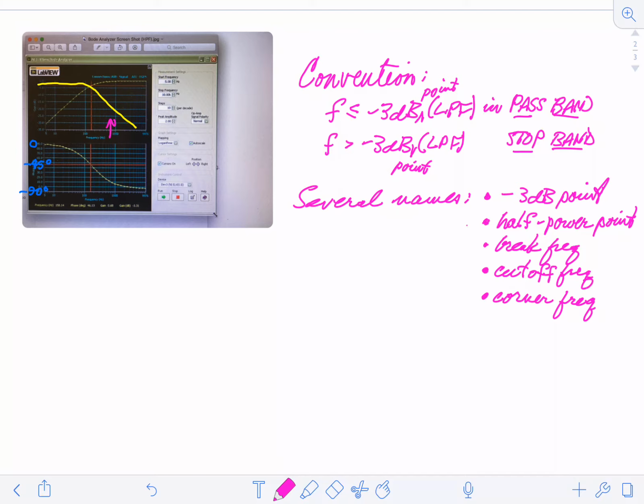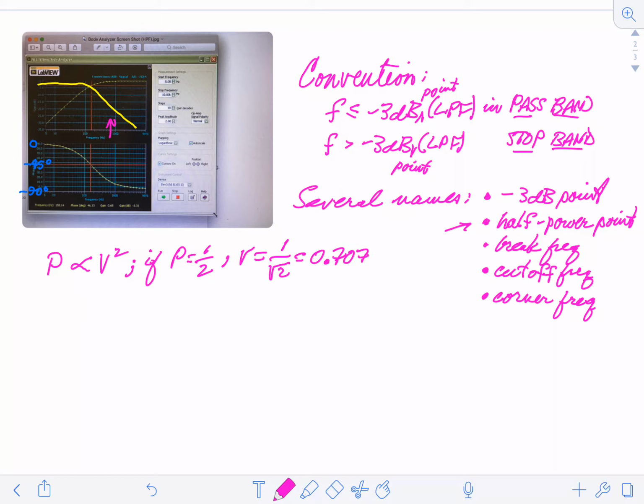And like I said, the one that I'm going to be spending a little time on is called the half power point. And it's called that because power is proportional to the square of voltage. You know, power is V squared over R, right? It's 1 over R times V squared, and it's proportional. So if the power is half, if P equals 1/2, then V must be 1 over square root 2, which is the same as 0.707.